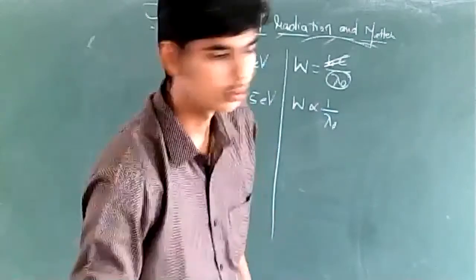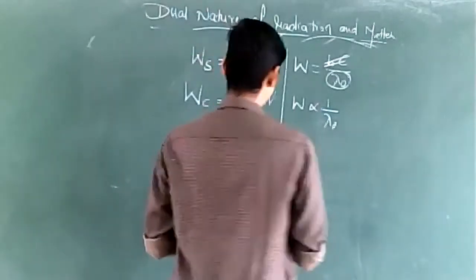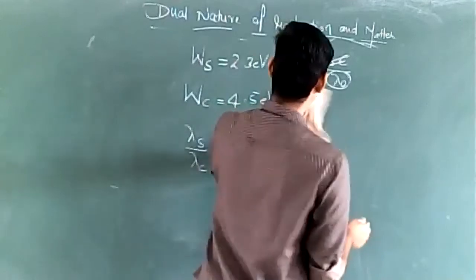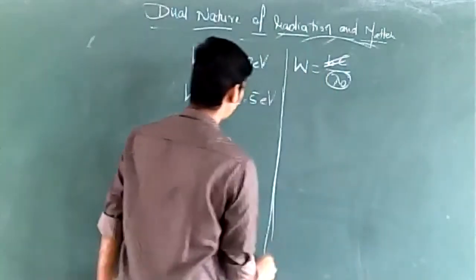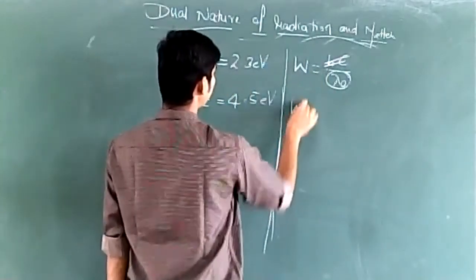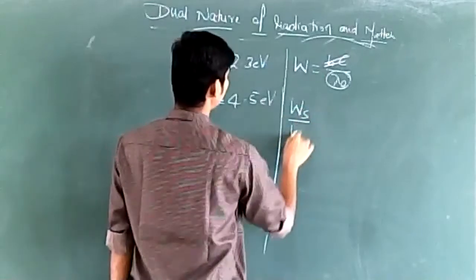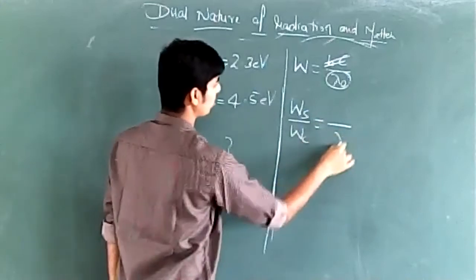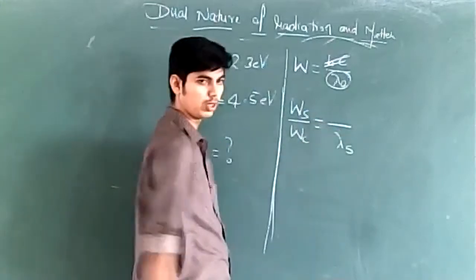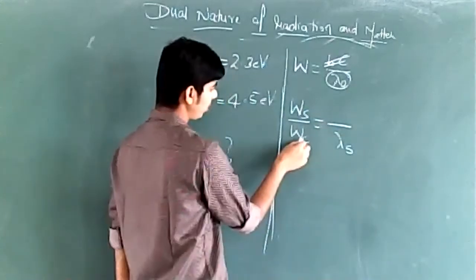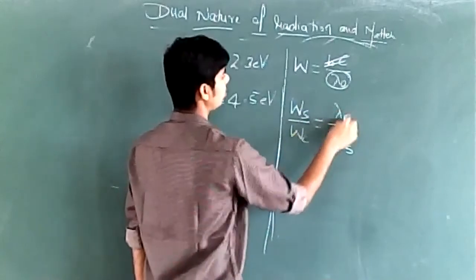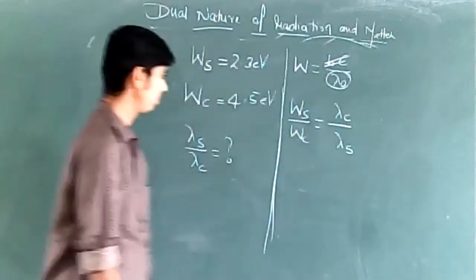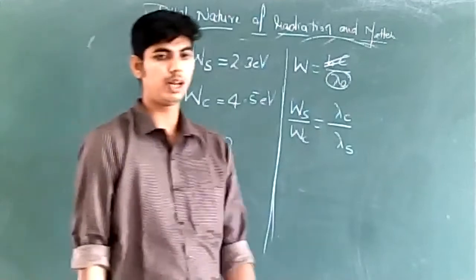So now, if I calculate the work function of sodium to the work function of copper, the work function of sodium is inversely proportional to its threshold wavelength, and the work function of copper is inversely proportional to its threshold wavelength. Lambda c divided by lambda s.